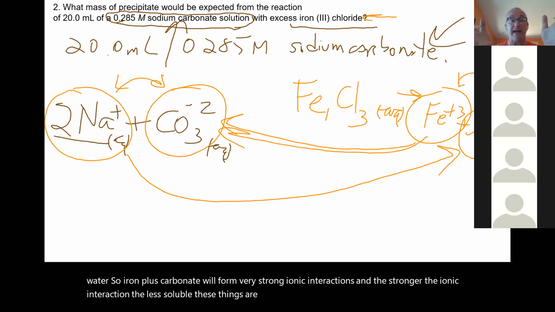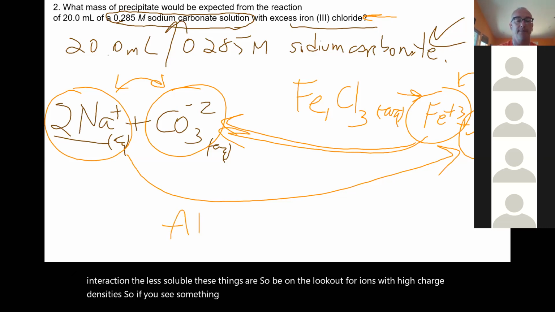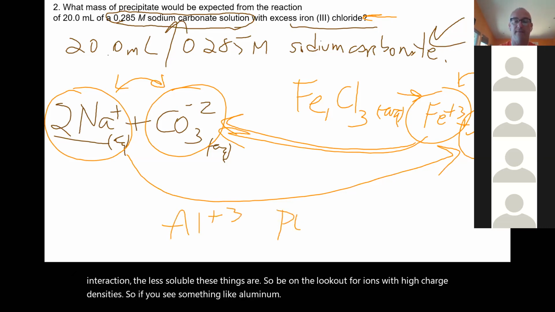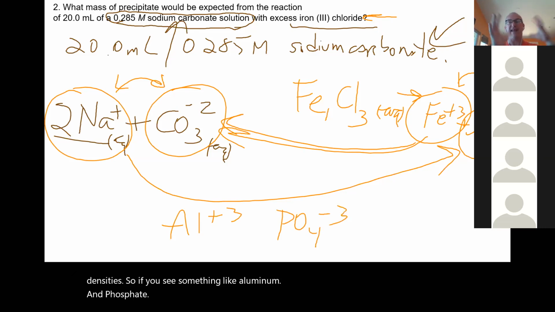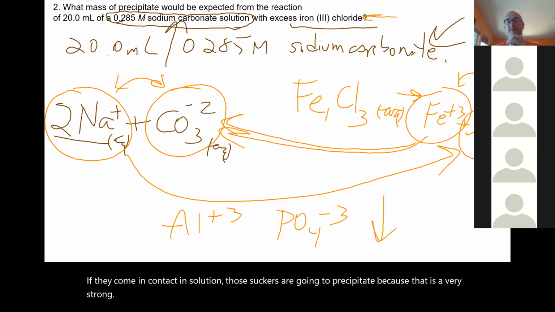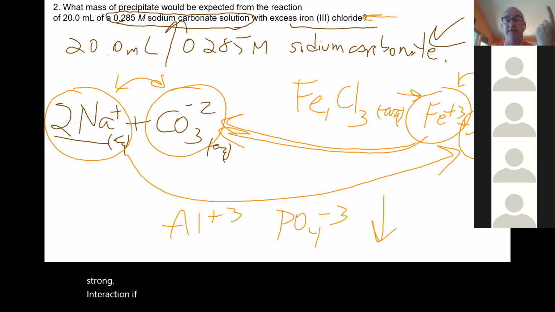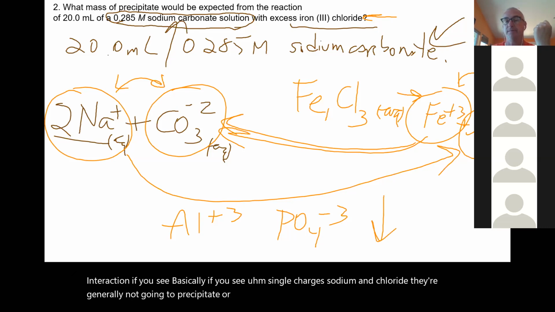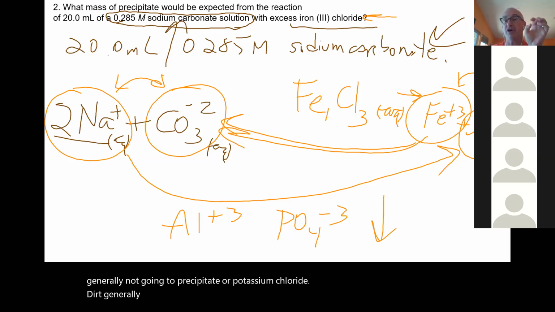So be on the lookout for ions with high charge densities. If you see something like aluminum and phosphate in solution, those are going to precipitate because that is a very strong interaction. If you see single charges like sodium and chloride, or potassium and chloride, they're generally not going to precipitate, but high charge densities do.